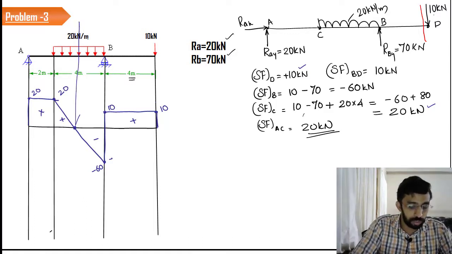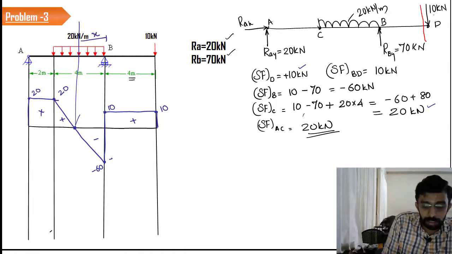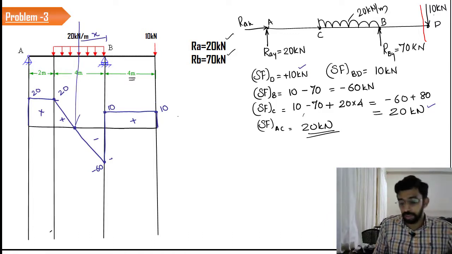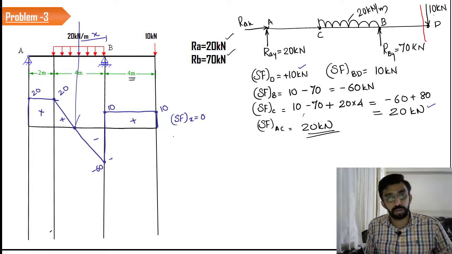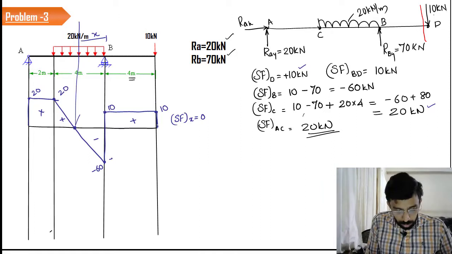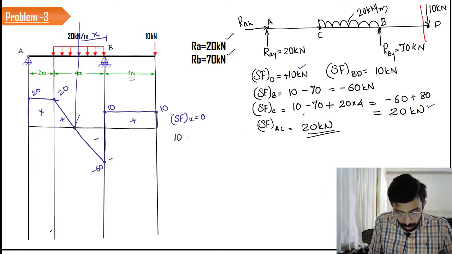So in order to find this, I'm going to consider this length as x. Now the question is, what is the shear force at x? Obviously the value should be 0. So let us solve this. If you consider your right hand side, you can say that 10 is positive, minus 70 negative, plus 20 into x.